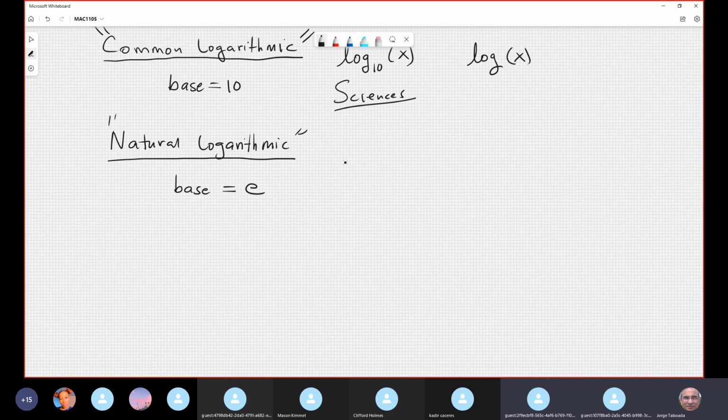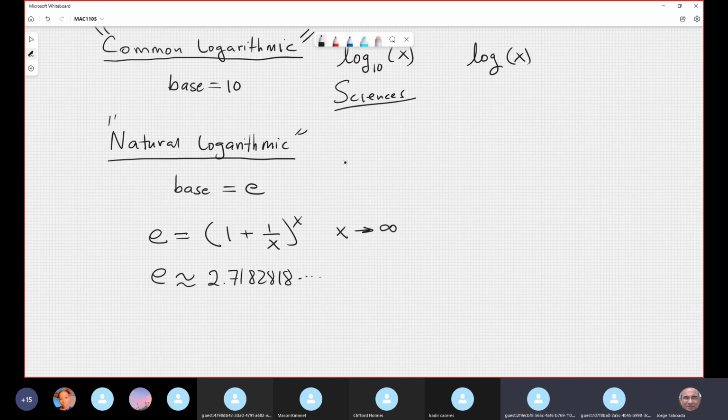The definition of e is this expression: (1 + 1/x) raised to the x, as x approaches infinity. This gives me e. And e is irrational, and any irrational number contains infinite decimal digits that do not repeat. So it's approximately 2.7182818, and this continues.